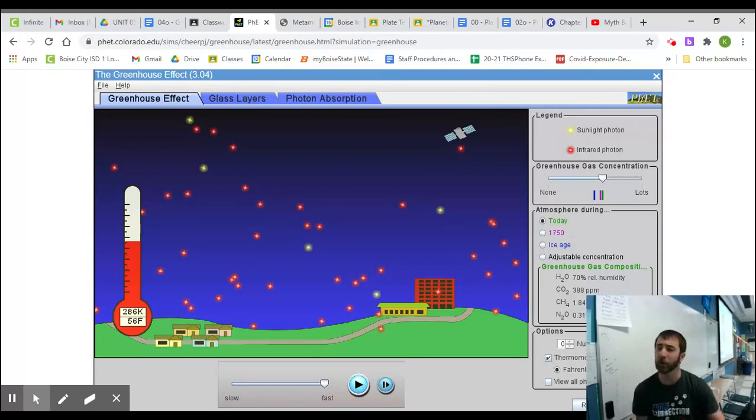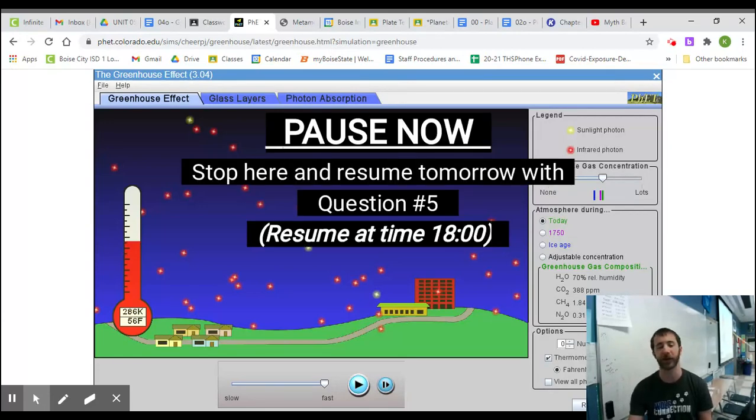One thing I will encourage you to do is to maybe rewind and do this if you haven't already. Watch any one particular photon and just follow it through the sky. Think about what's happening to that photon, and then, as some of your questions ask, more importantly, think about why that photon expresses that behavior.